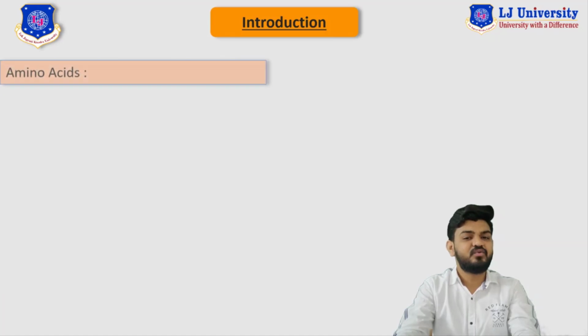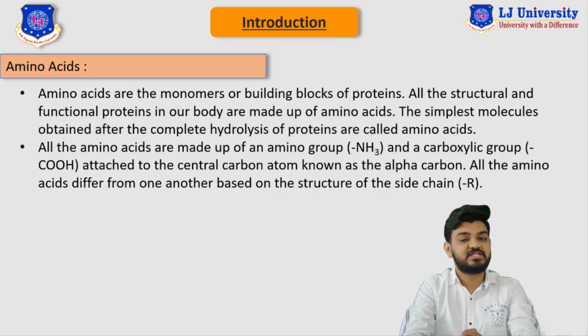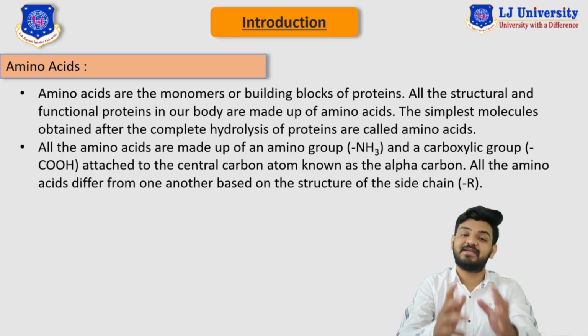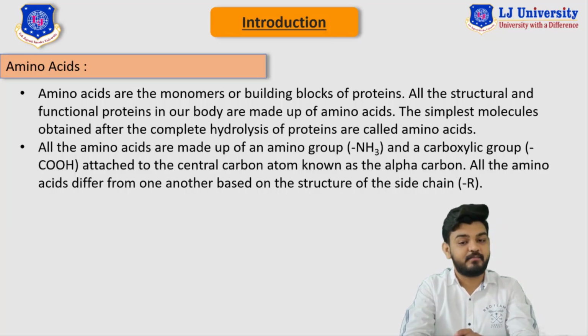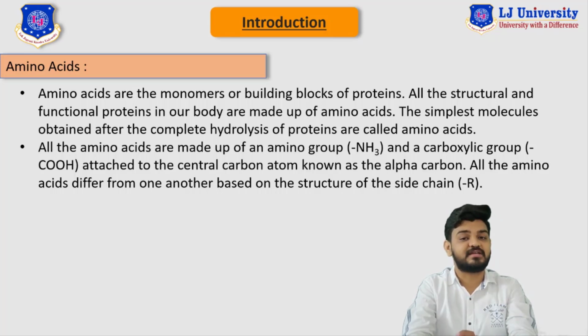Now let me move to the second type of natural monomer, and that is amino acids. Amino acids are the monomers or building blocks for the proteins present in vegetables and in the human body. All the structural and functional proteins in our body are made up of amino acids. How can we define an amino acid?